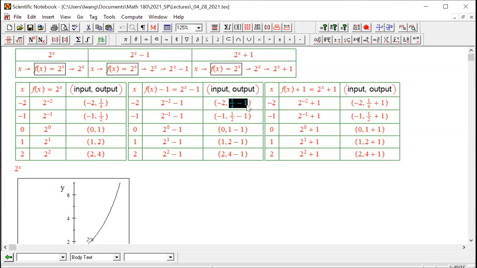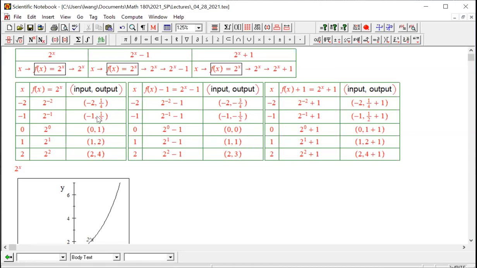And of course, this one is going to give us negative 3/4, and this is going to be negative 1/2, and this is going to be 0, this is going to be 1, and this is going to be 3.